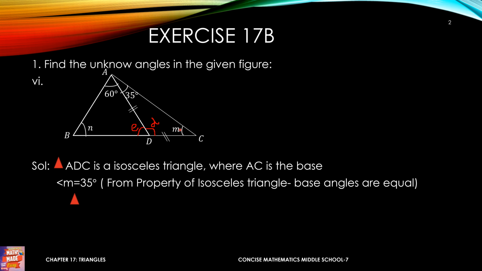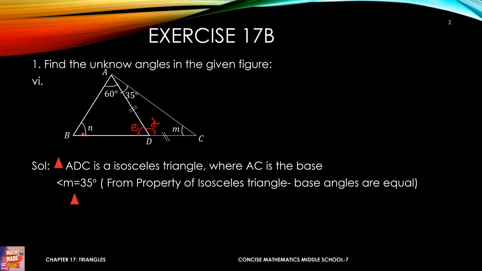This angle and this angle, both are base angles. Always, according to this isosceles property, base angles are equal. That's why since this angle is 35 degrees, M will also be 35. Hence we got the value of M. Similarly, we need to find the value of N.